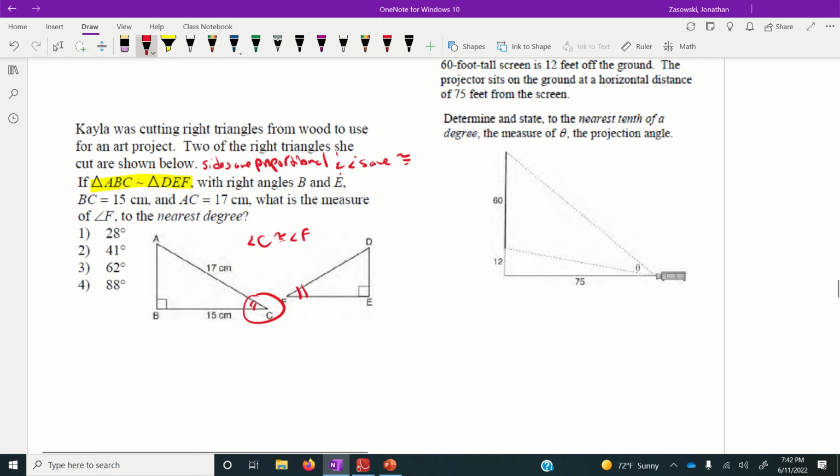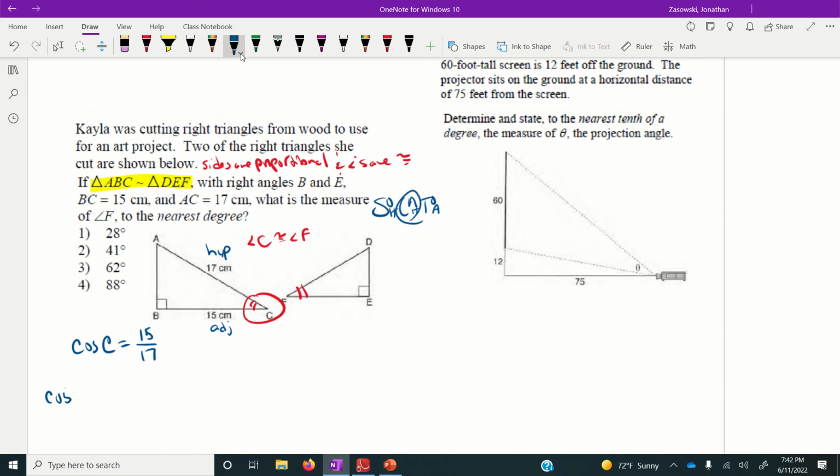So because we're dealing with a right triangle with a side, we're going to label our sides and use our Sohcahtoa. So we have adjacent and hypotenuse again. Sohcahtoa. All right, and because we have adjacent hypotenuse, we're picking cosine. So the cosine of our angle C is equal to the adjacent, which is 15, over the hypotenuse, which is 17.